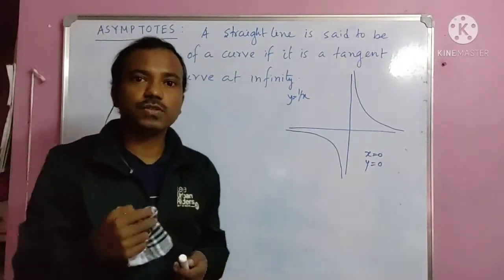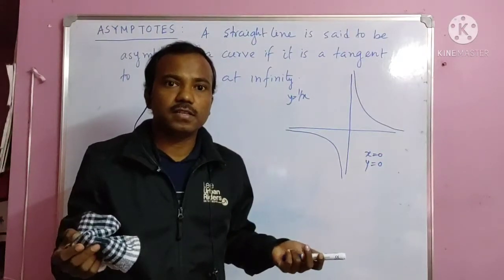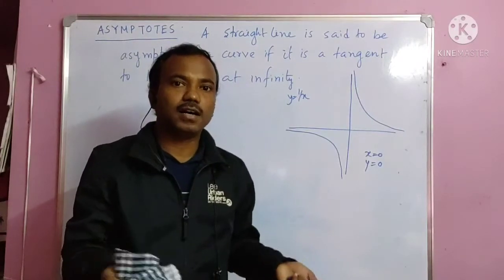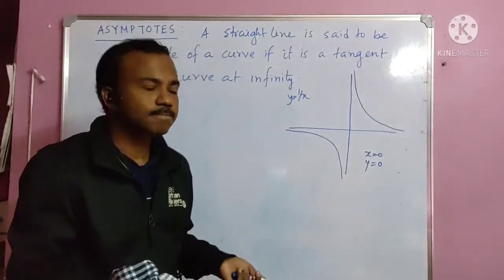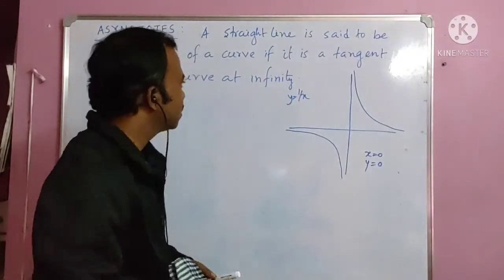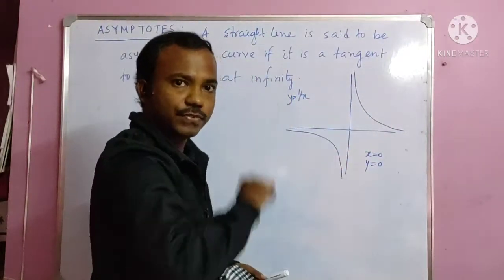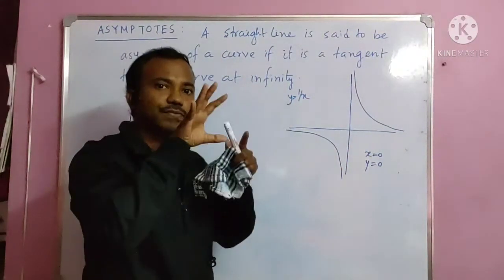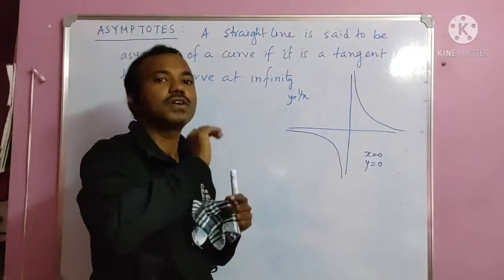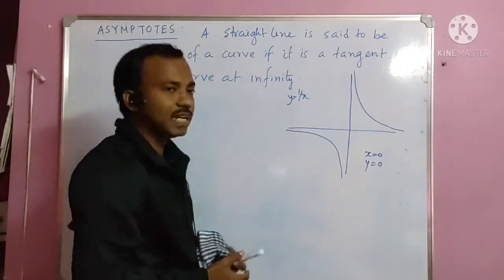And before that, another question: if I give you any curve, shall I always get an asymptote? Of course not, because an asymptote is a tangent to the curve at infinity points. If I give you a curve which has finite regions, that means the curve is not extended to infinity, then of course that curve will not have a tangent.